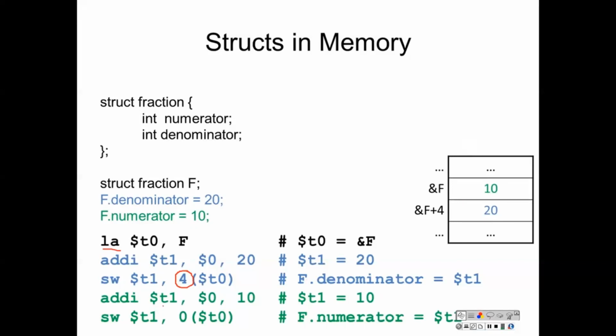Similarly, to initialize the numerator field to 10, we put a 10 into a register, and then we store the register containing the value 10 into the offset 0 from the address of f.